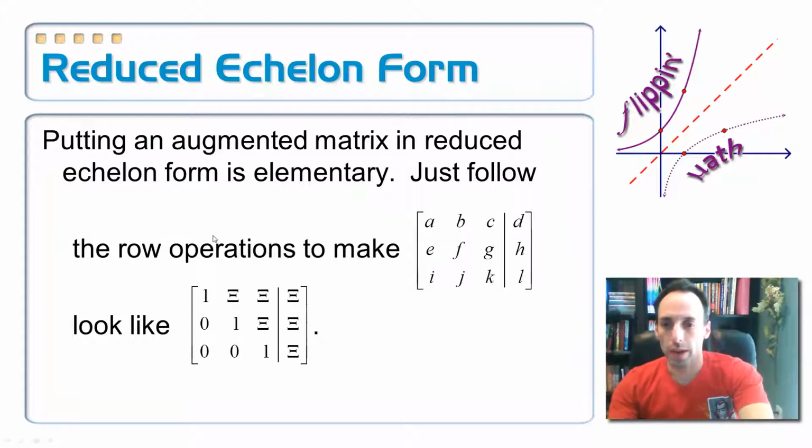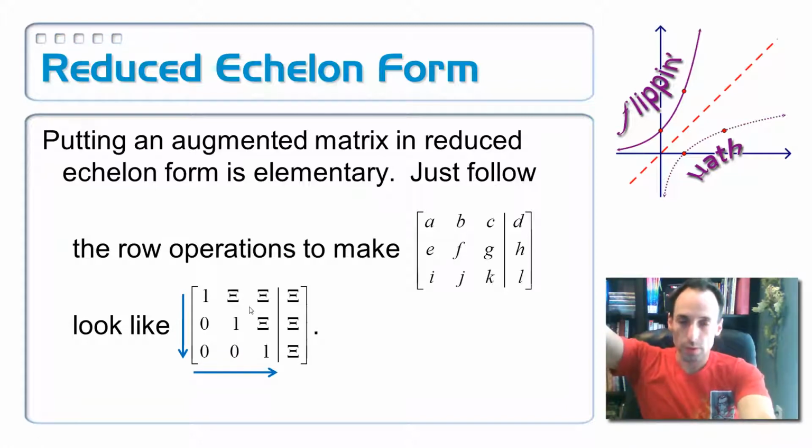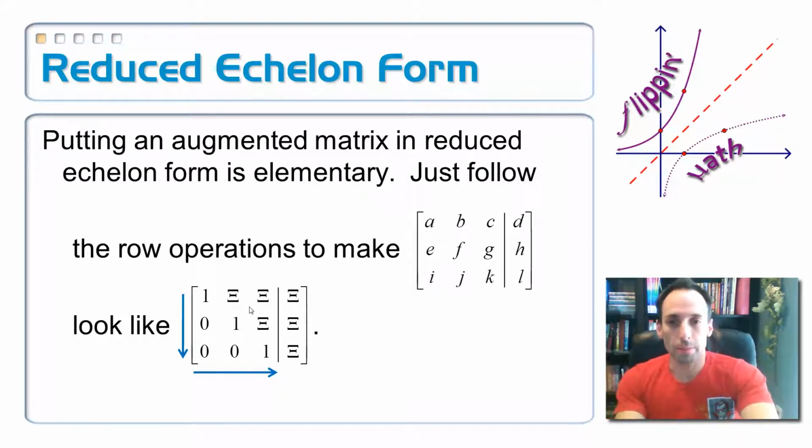Notice that we have 1s along the main diagonal, 0s for these ones, but the other ones, these weird symbols, are just going to be some numbers. So this is the direction of the eliminations that we would do. I have to get rid of the X elements in everything but the top row. I have to get rid of the Y element in the bottom row, and then I might have to multiply by something to get 1s in that main diagonal.